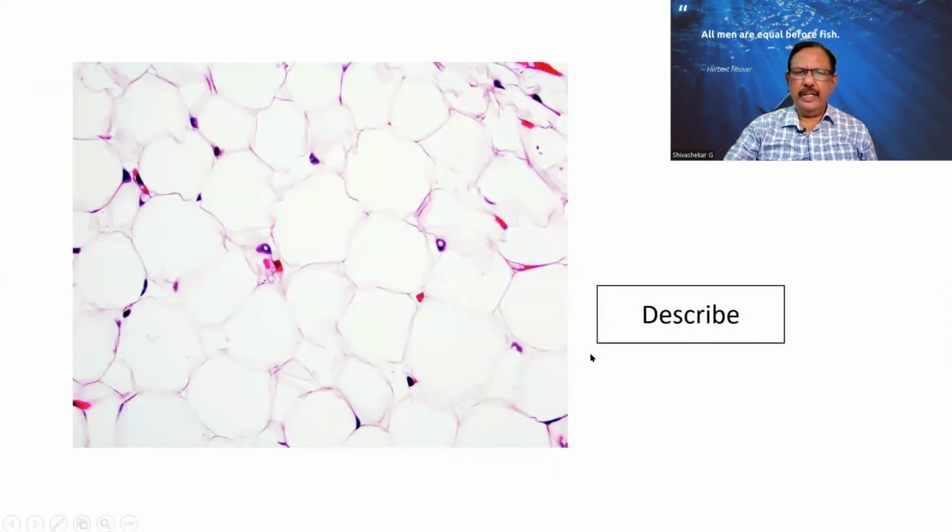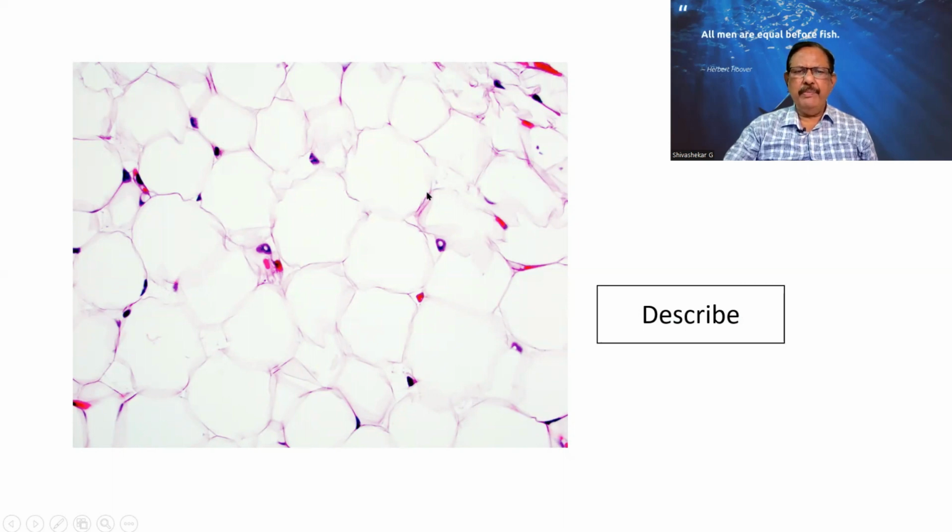I would like you to describe. So what do you say? It shows sheets of cells. The cells are large. They are round in outline. And they have got a vacuolated cytoplasm, pushing the nucleus to the periphery.